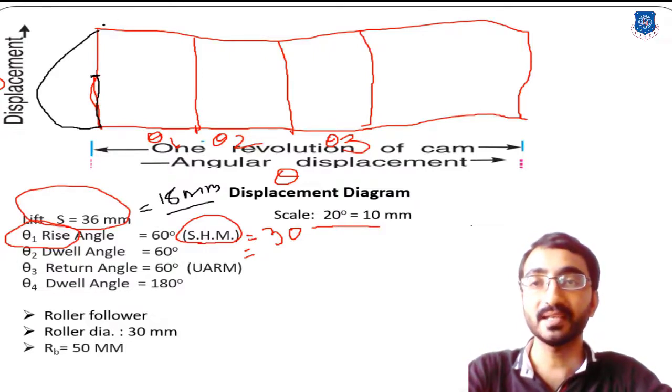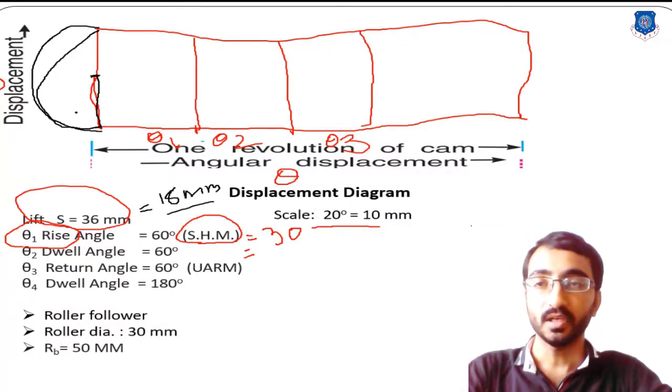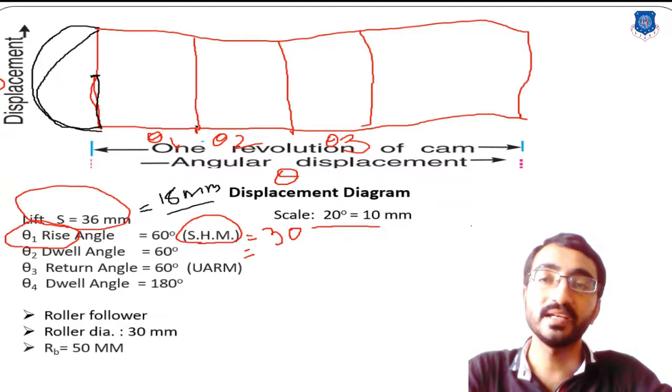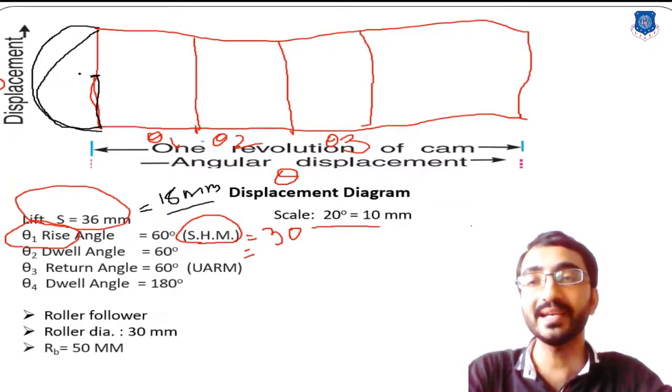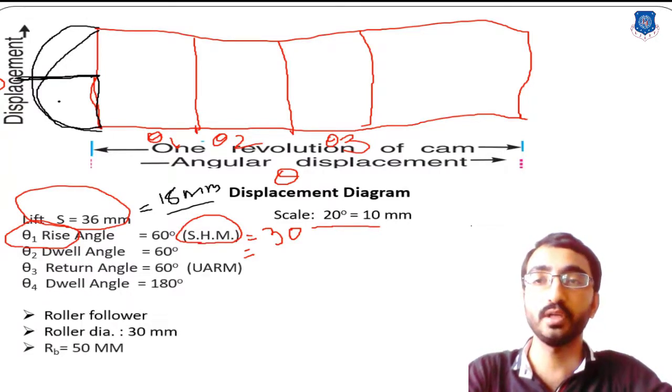Okay, so this semicircle is representing the diameter of 36 mm. Okay, now simply follow that you need to divide the horizontal line into 6 equal parts, and similarly you need to divide this semicircle into 6 equal parts. Okay, so to divide this semicircle into 6 equal parts, we have learned the simple method that first, your midpoint or simply your horizontal point will divide into 2 equal parts. Okay, so you have obtained 2 divisions.